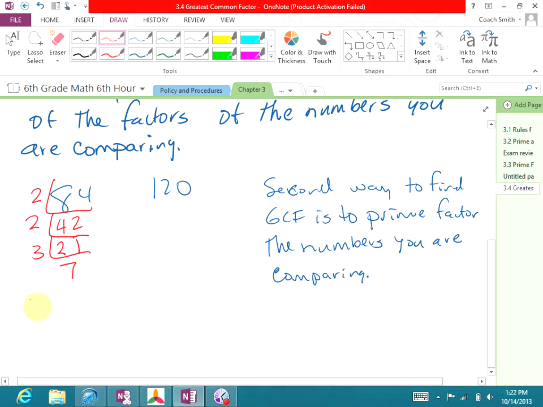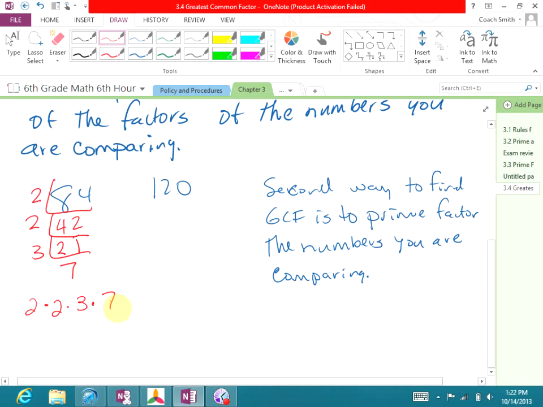So my prime factorization is 2 times 2 times 3 times 7. I am listing it out for a specific reason. When you're dealing with GCF, you don't really want to put it in the 2 to the second times 3 times 7 with exponents.